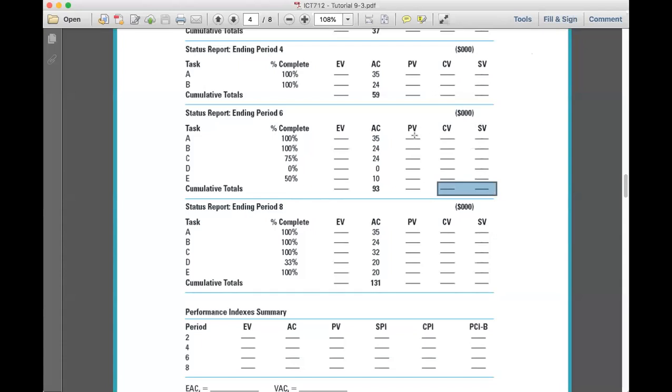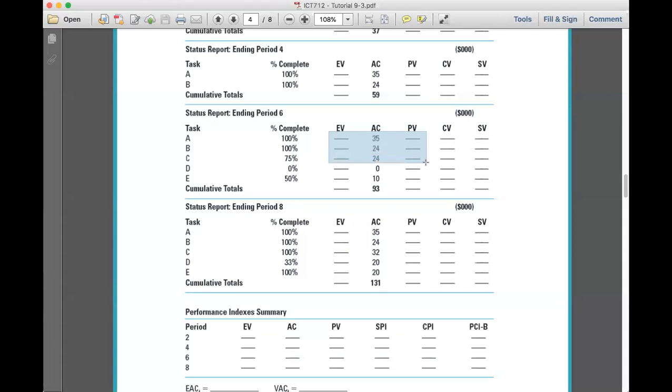Okay, can we stop for a second? Because these answers are not 100% correct. Can you tell me the earned value for A and the planned value for A? 40, and the planned value? Same. What's the earned value for B and planned value for B? 32 for both.